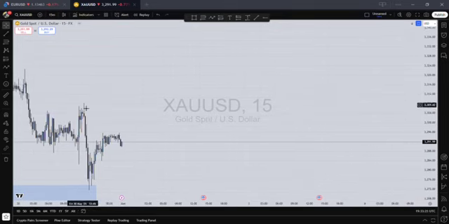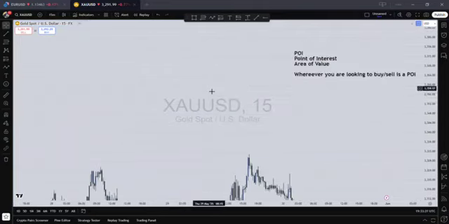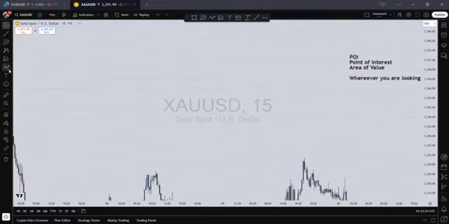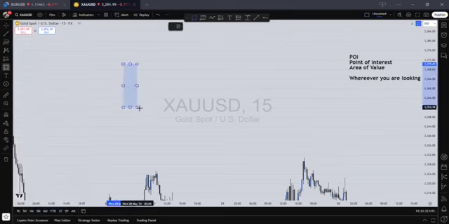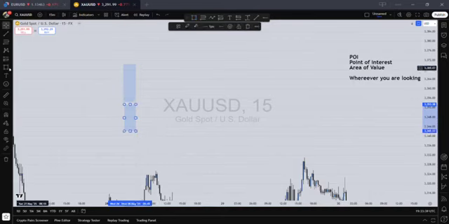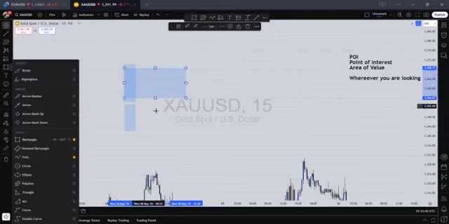Now, if you have two fair value gaps, two zones, and both don't have liquidity, let's say you have a candle here, and then another candle, and these two candles both have a fair value gap. There's a fair value gap here, and there's a fair value gap here.